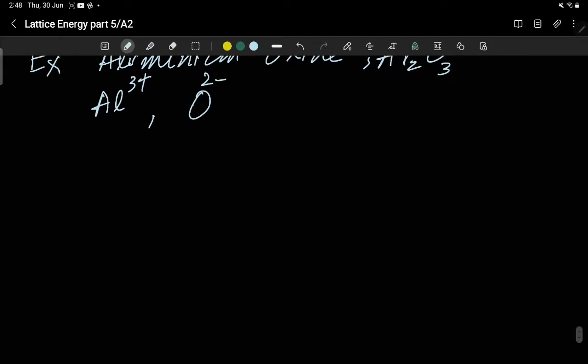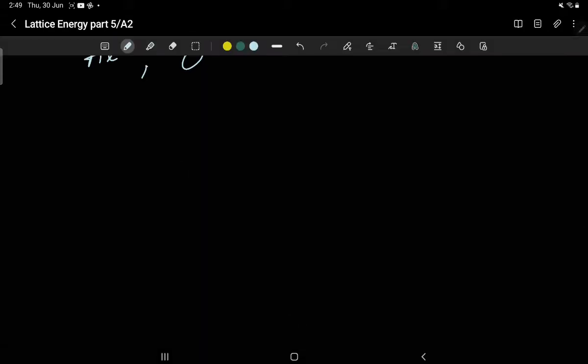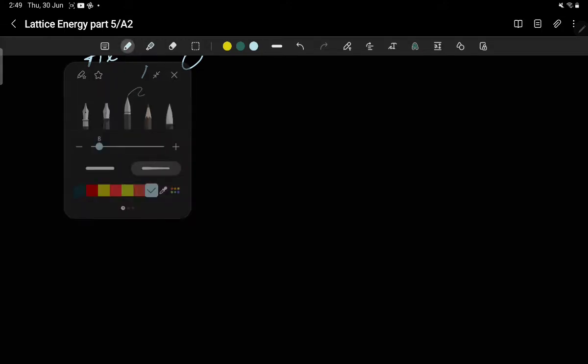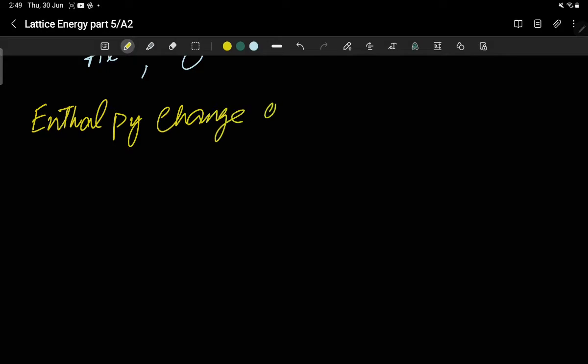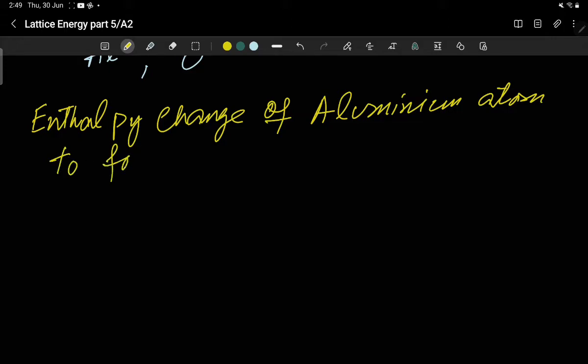Let's have a look. Enthalpy change of aluminum atom to form aluminum ion.